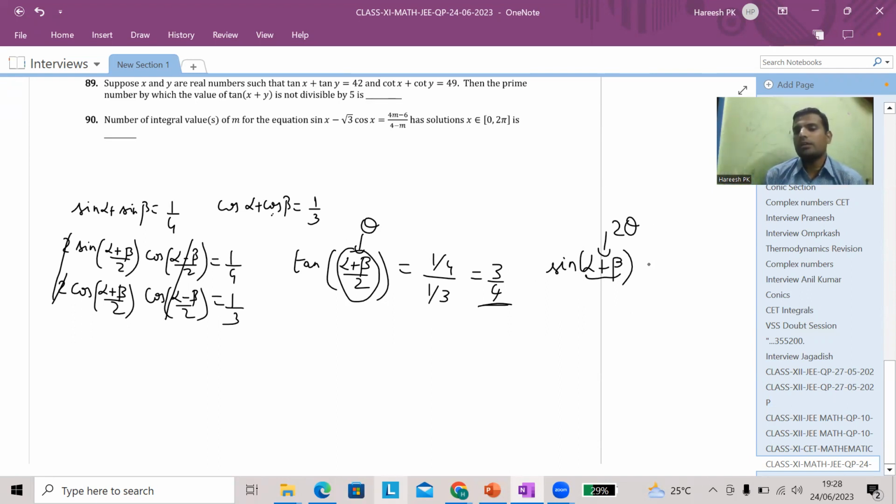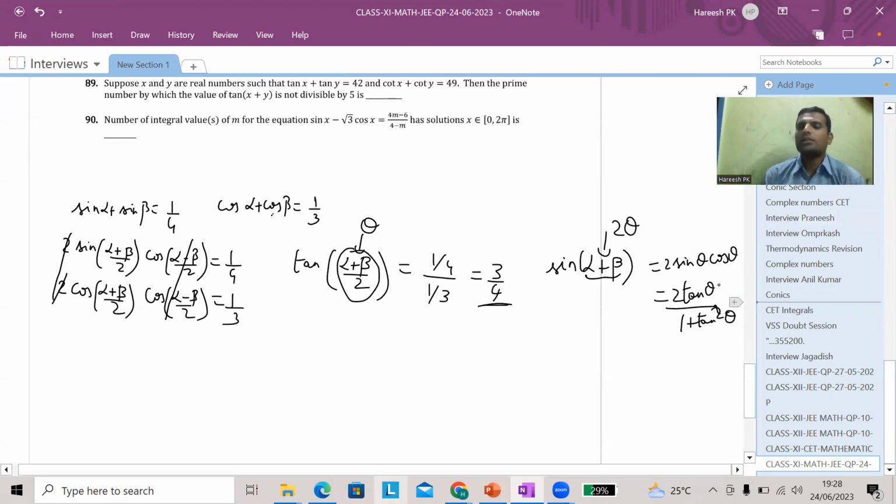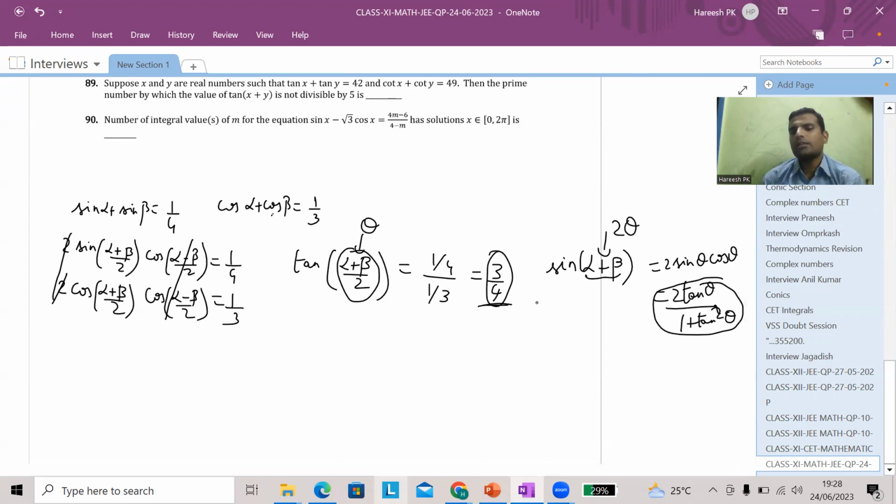One formula is 2 sin theta cos theta, and there's one more formula, 2 tan theta by 1 plus tan square theta. Obviously, I should use this formula here because tan theta is already known. How much is tan theta? 3 by 4. So sin 2 theta: the answer is simply 2 into 3 by 4.